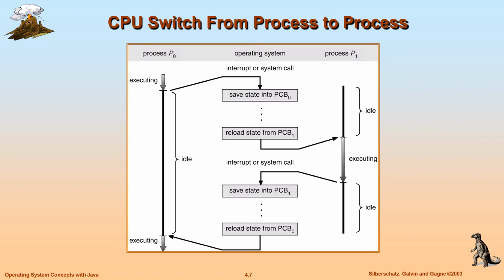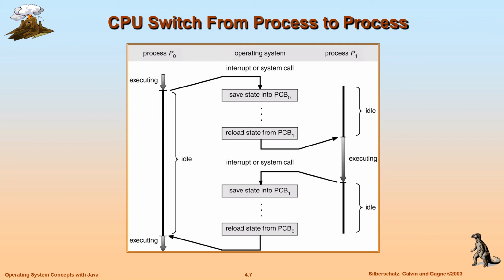Suppose P0 is executing, its data should be stored in PCB0. So before the interrupt, all the process data should be stored in the PCB. After coming back from the interrupt, by using this PCB0 data, the process starts execution from where it left off previously.